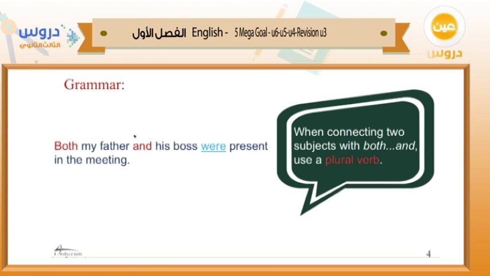This is something related to the linking word. So you have to use the plural verb. Both my father and his boss were. It's wrong to say was. We have to use were, the plural form.